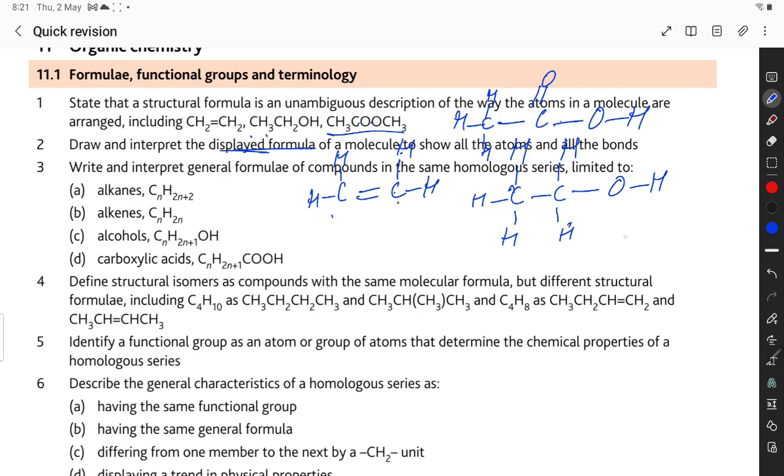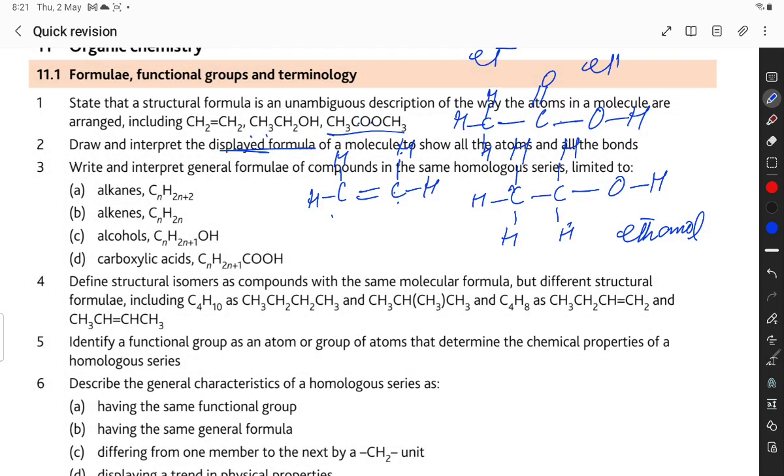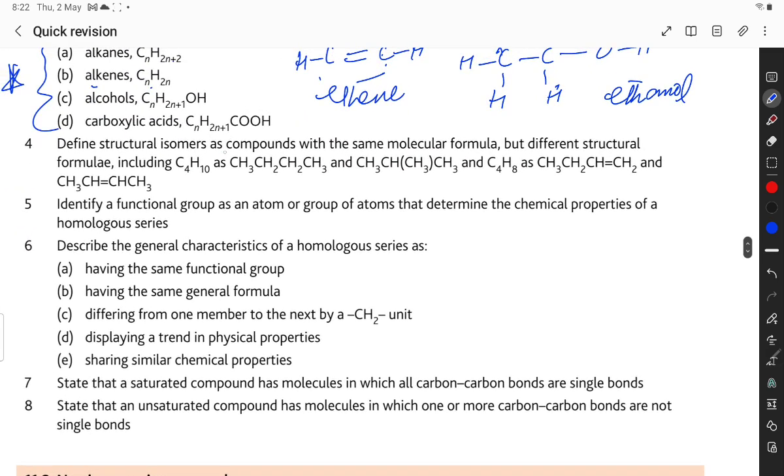This is ethanoic acid, and this is ethene. And write and interpret the general formula of compounds in the same homologous series, limited to alkanes and alkenes. This is very important to learn. Please learn these formulas.